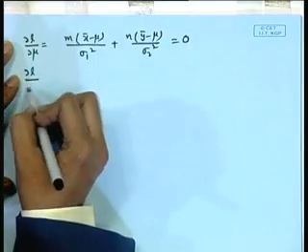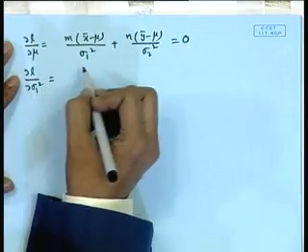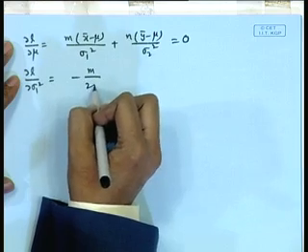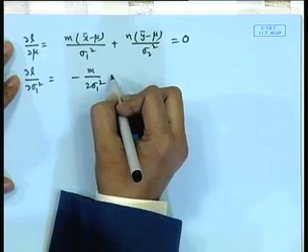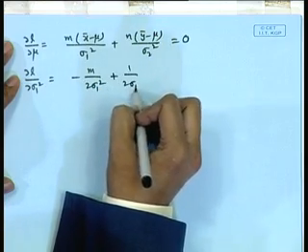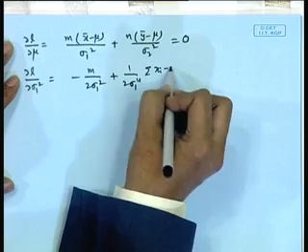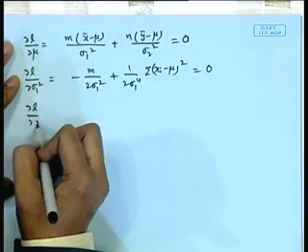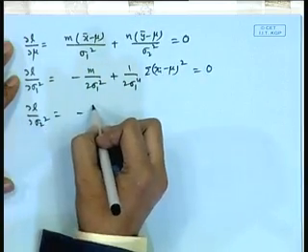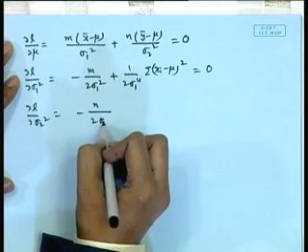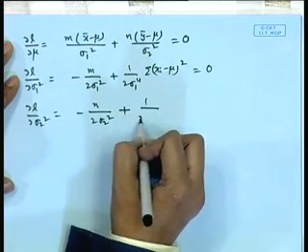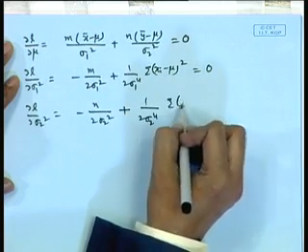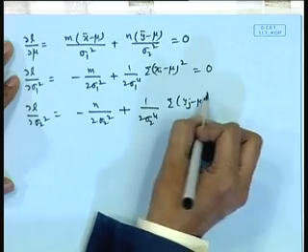If I consider del L by del sigma 1 square, that gives us minus m by 2 sigma 1 square plus 1 by 2 sigma 1 to the power 4 sigma (x i minus mu) square. Del L by del sigma 2 square is equal to minus n by 2 sigma 2 square plus 1 by 2 sigma 2 to the power 4 sigma (y j minus mu) whole square.